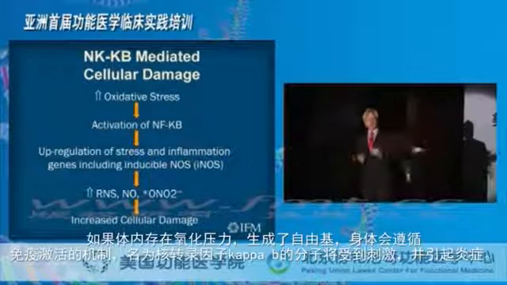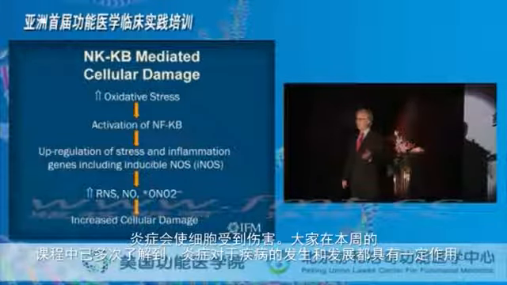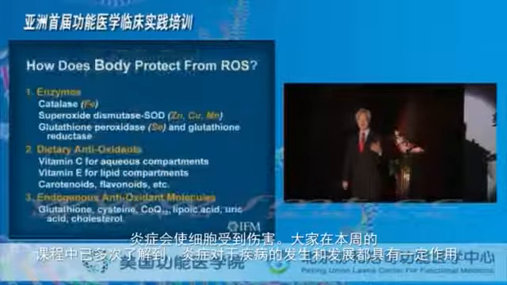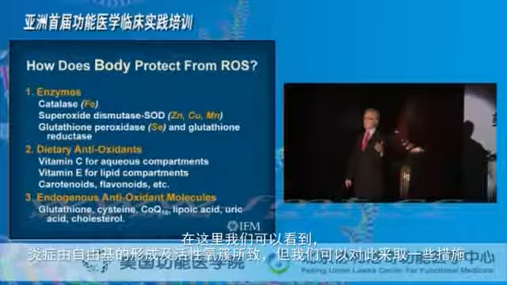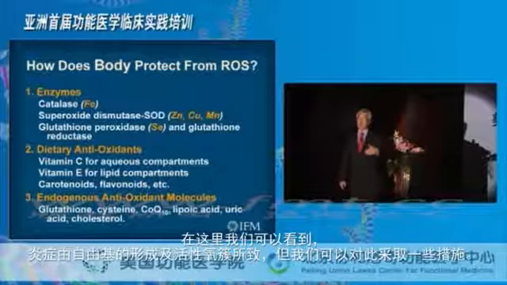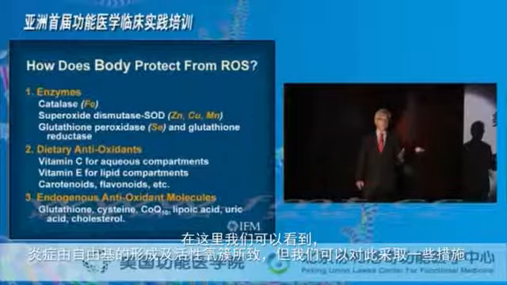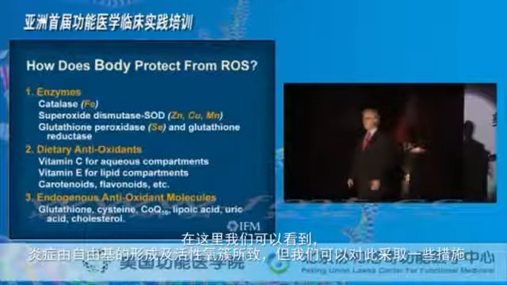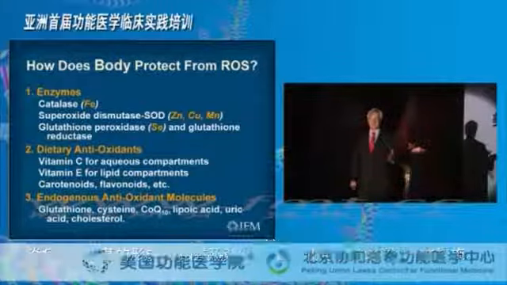Now, one of the recurring themes you'll probably recognize from the week is the role of inflammation in the onset and development of disease. And here we see inflammation where it can come from the production of free radicals from reactive oxygen species. But we can do something about it.